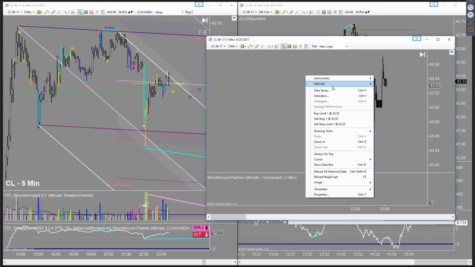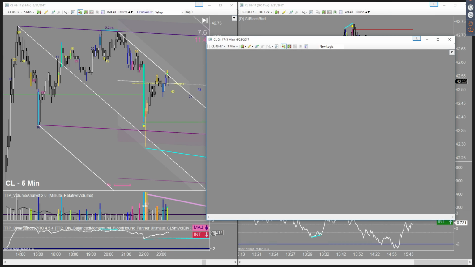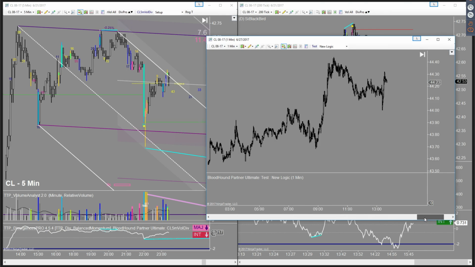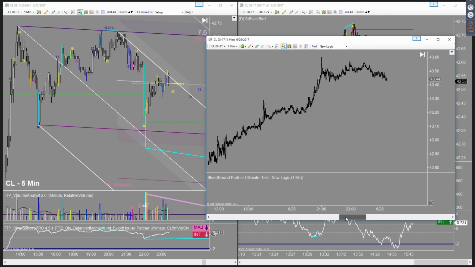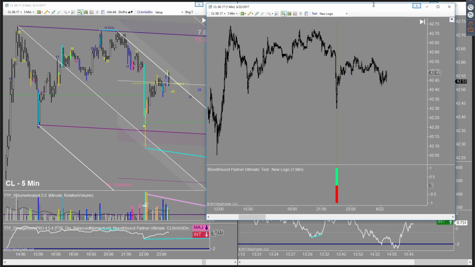I gotta load some more. So this is now enabling us to essentially program out inside of BloodHound every exact setup that we look for.